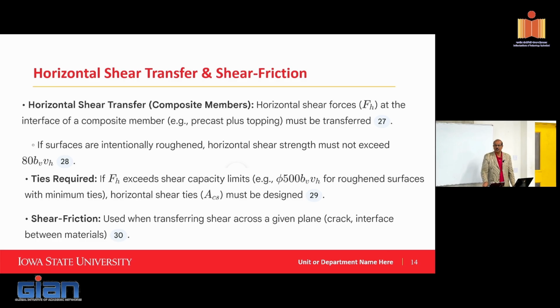In concrete codes, they are now bringing in a Vc component for shear friction as well, because of aggregate interlock, which is not something that you can rely upon for precast concrete. So one of the things I want you to realize is that when you put pieces together with precast, you definitely have a section interface. It's like having a clean construction joint, right?